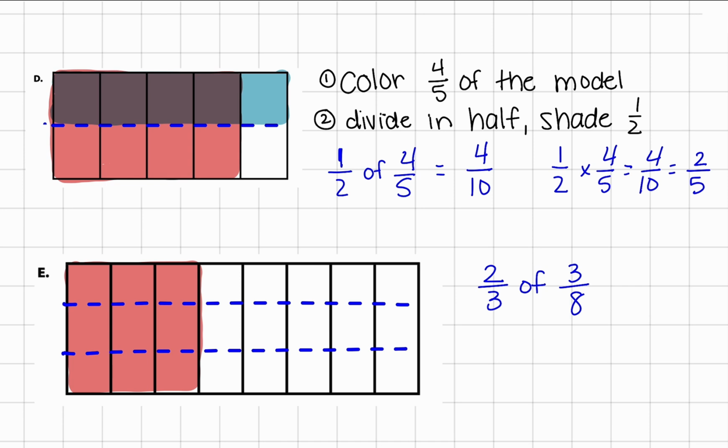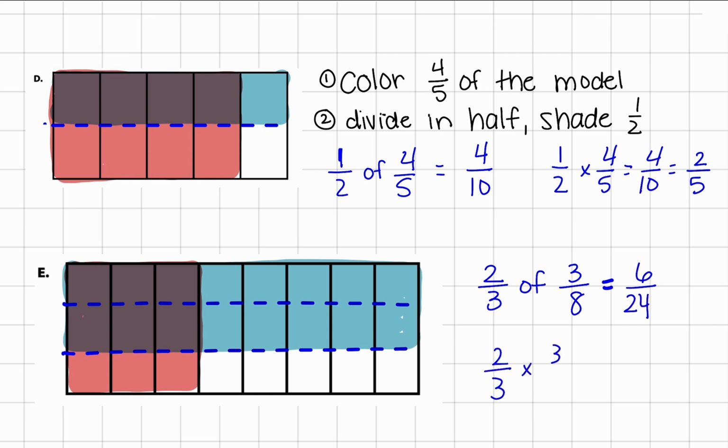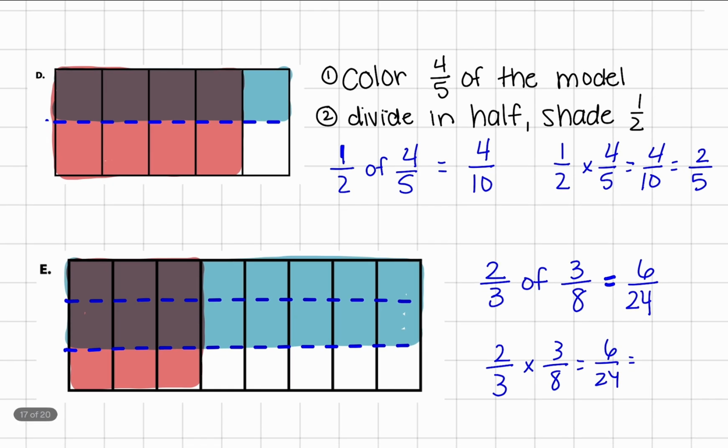And then when we color 2/3 of our model, so 2/3 of 3/8 should equal 6/24. So we write 2/3 times 3/8 equals 6/24. And if we simplify that down, that is 1/4, because both are divisible by 6.